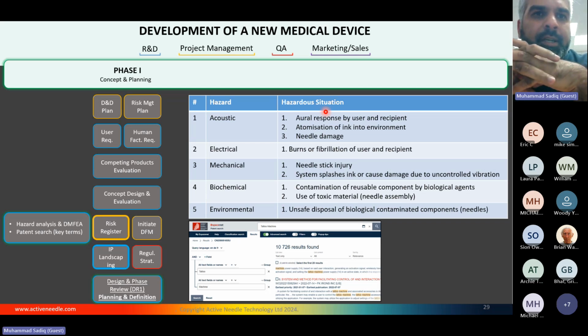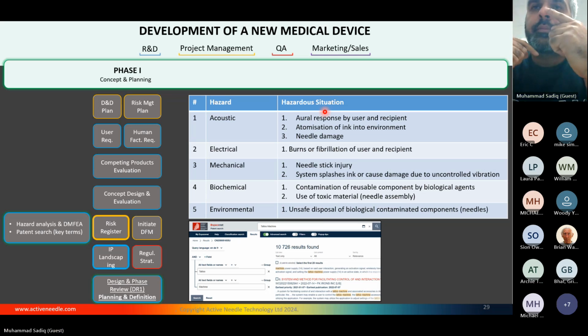You would do hazard analysis, what could potentially go wrong with your medical device, and then once you have some sort of design ready, you look at the FMEA as well, where you individually pick up the various components. If it is an assembly, you pick up each individual component and look at what could potentially happen as a result of a particular failure of that component.